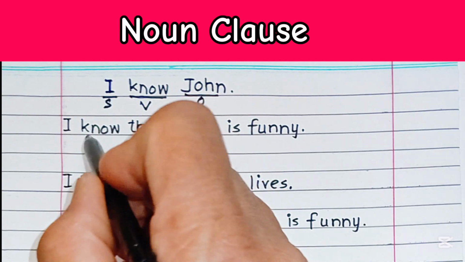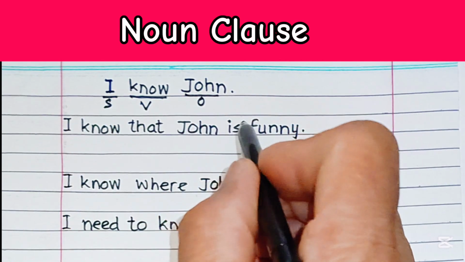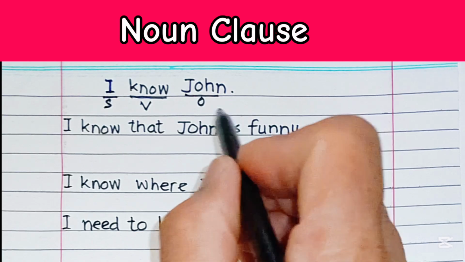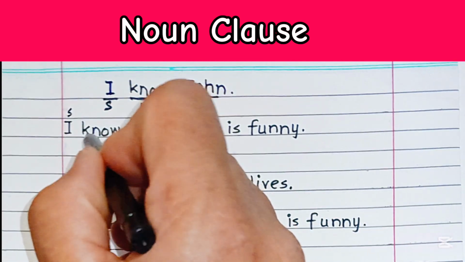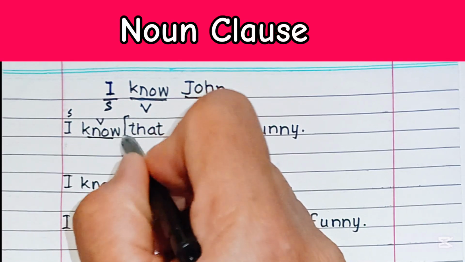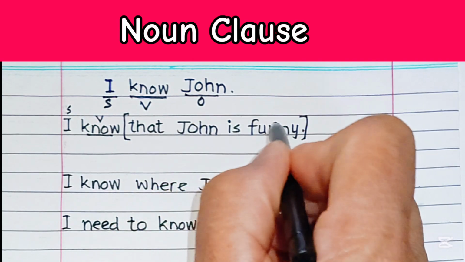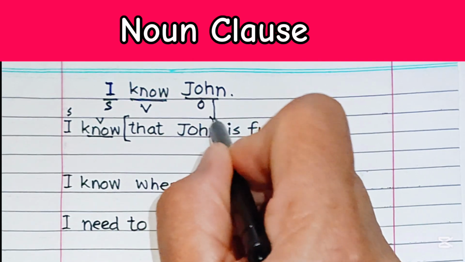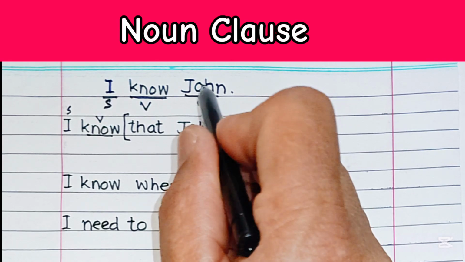Here I said, I know that John is funny. So this is a complete sentence that has a subject and a verb, and "that John is funny" is replacing the noun in the previous sentence, that was John.